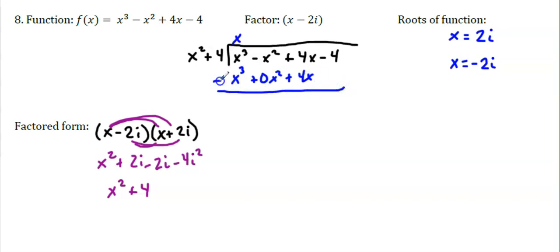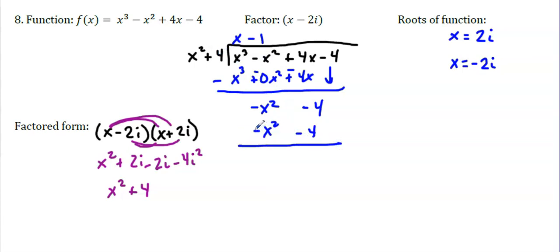So I'll subtract, and I'll get negative x squared, and then bring down this minus 4. And negative 1 times x squared gives me negative x squared. Negative 1 times 4 gives me negative 4.